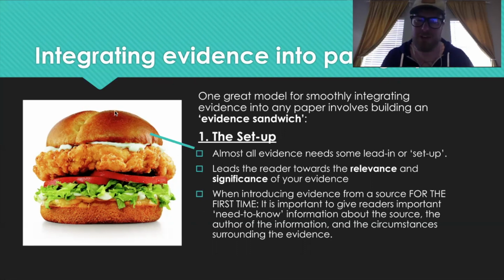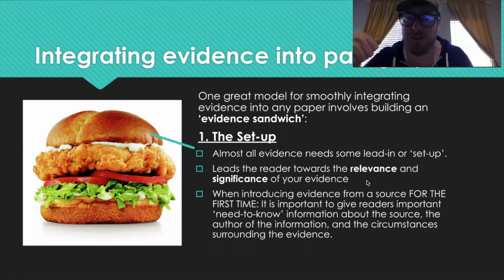So we might think of the top bun here as being the setup. Now, the setup is some sort of lead-in. It would be really weird for you to just drop a quote on us in the middle of your paper without telling us anything about where it came from, what article it was written in, what the person was saying when they wrote it.